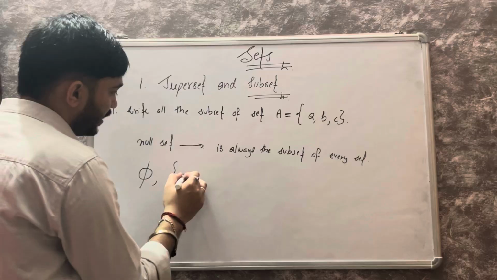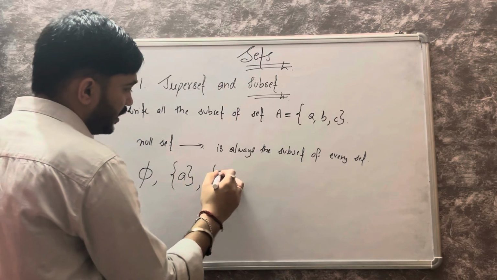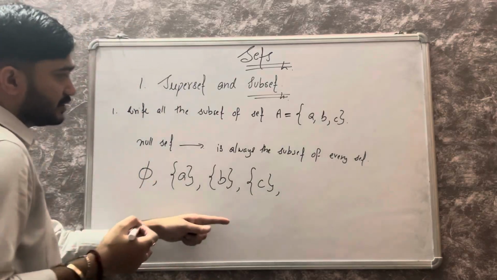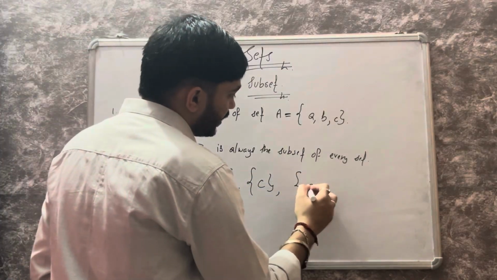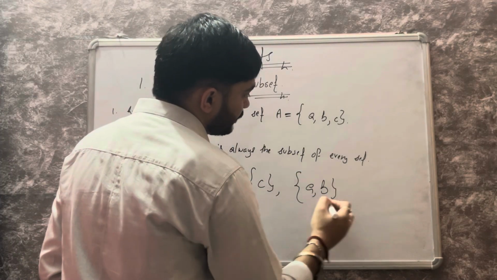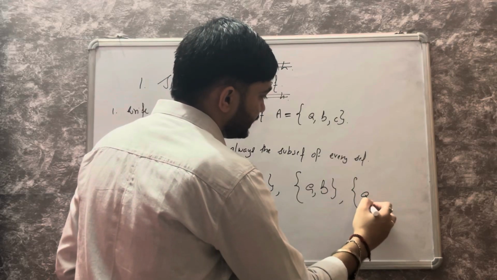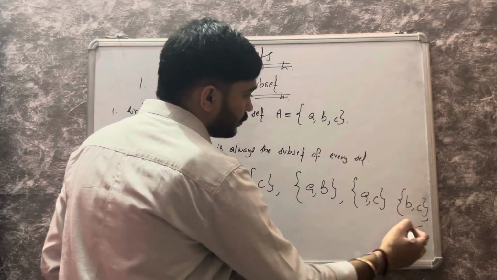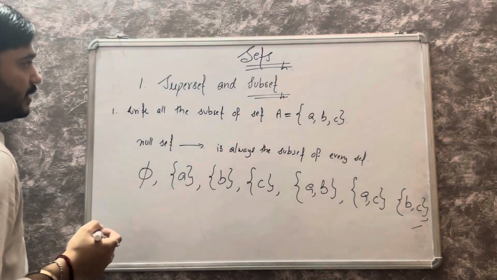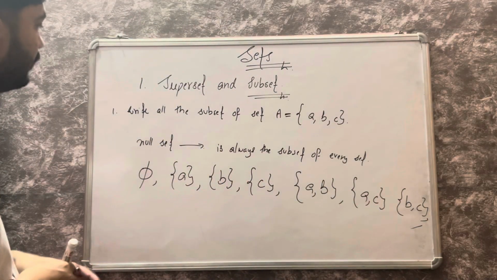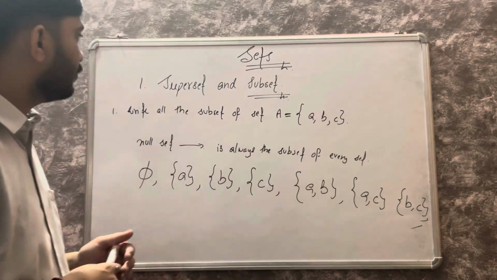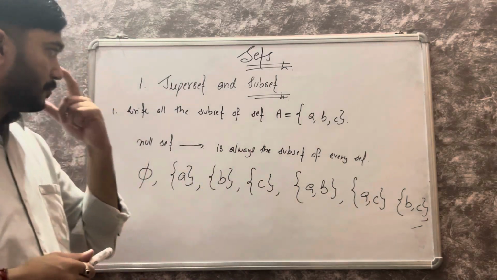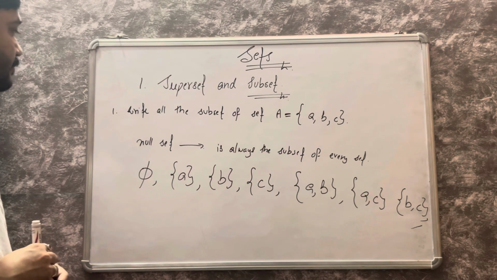Then it will be {A}, {B}, {C}, the single element subsets. Then we can write {A, B}, then {A, C}, then {B, C} as subsets of it. And then finally {A, B, C} itself. Any doubts?